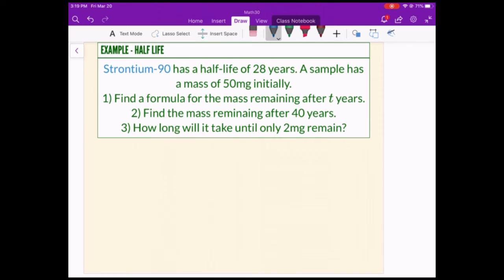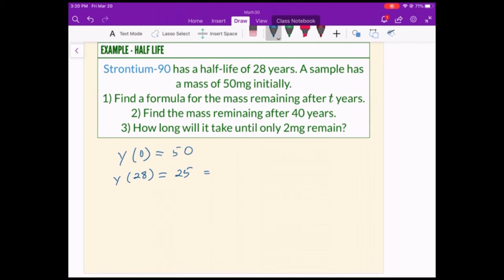So knowing that it's got a half-life of 28 years tells us that y of 0, our initial amount, is 50 milligrams, and we know that y of 28 must be 25. Because it took that long for half of that strontium-90 to, I don't know what you say, disintegrate? Chemistry is not my strong point.